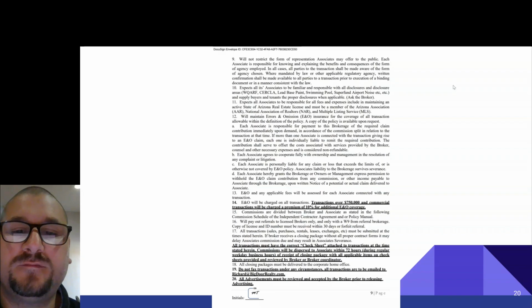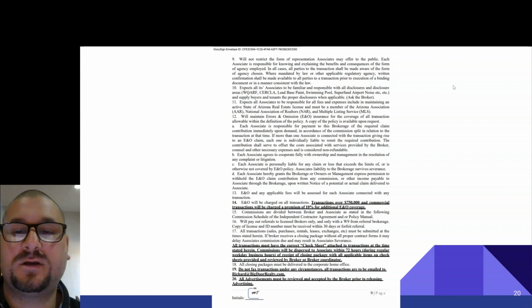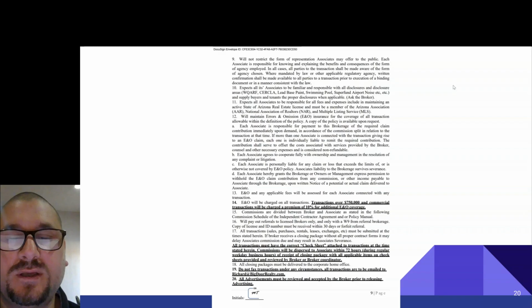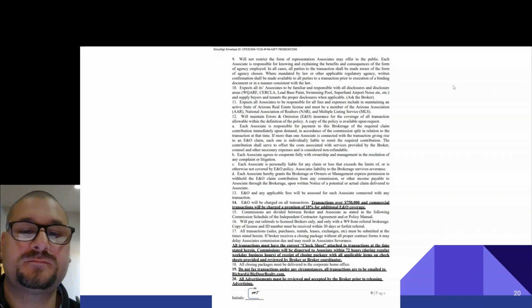Commissions are divided between broker and associate as stated in the following commission schedule of the independent contractor agreement and or policy manual. So again, commissions are divided between the broker and associate as stated in the following commission schedule of the independent contractor agreement and or policy manual.